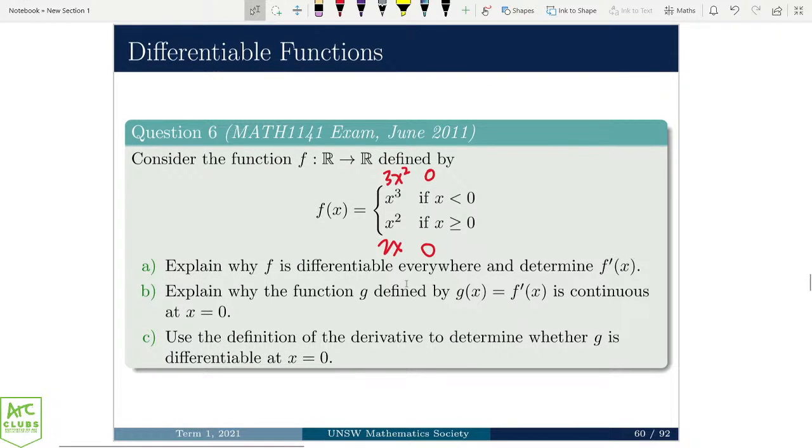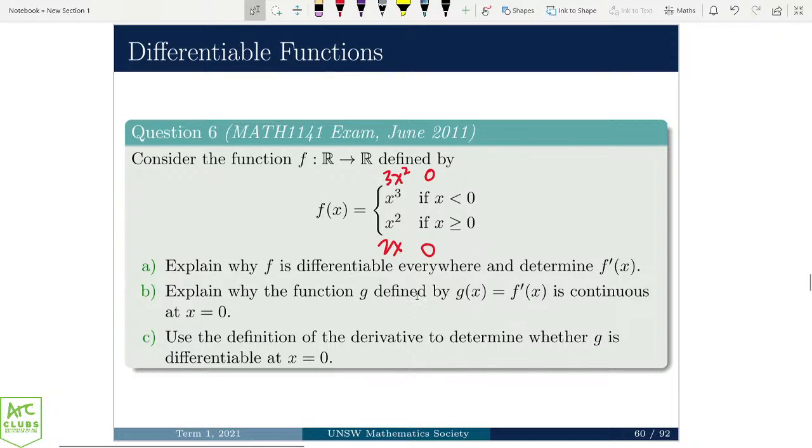Finally, we have part C, which asks us to use the definition of the derivative to determine whether g is differentiable at x is equal to 0. This is probably getting a bit repetitive, but yes, we are again trying to determine the differentiability of our function.